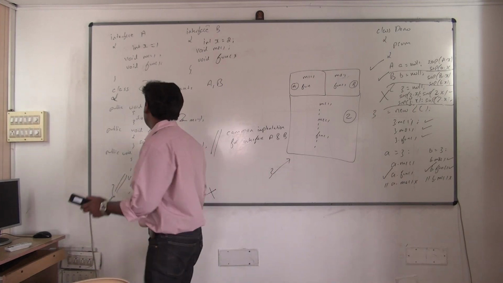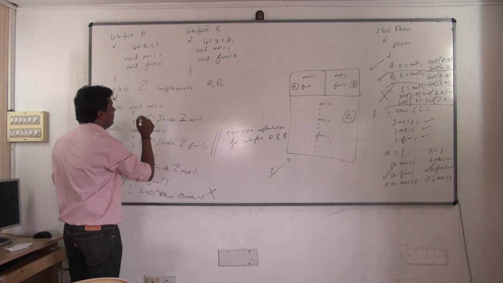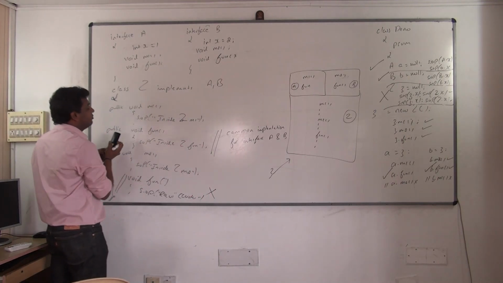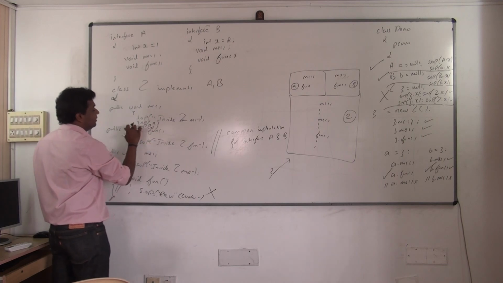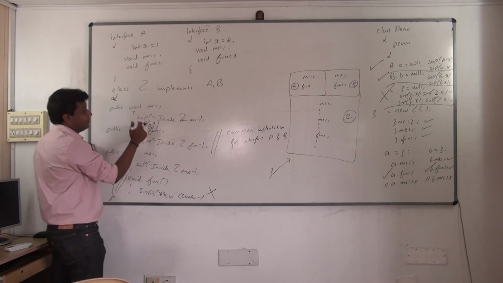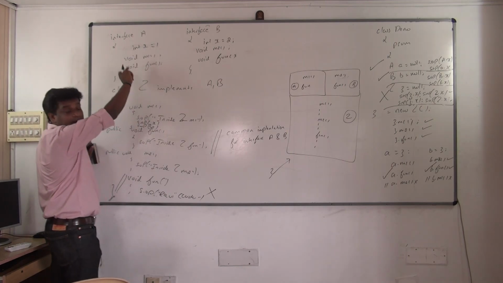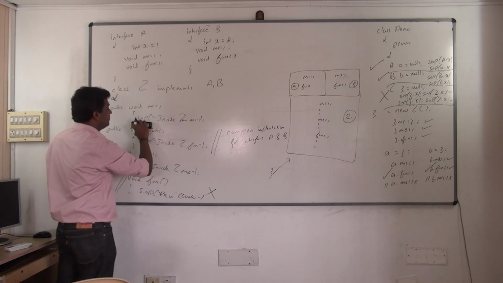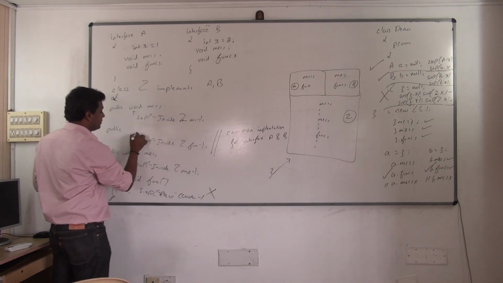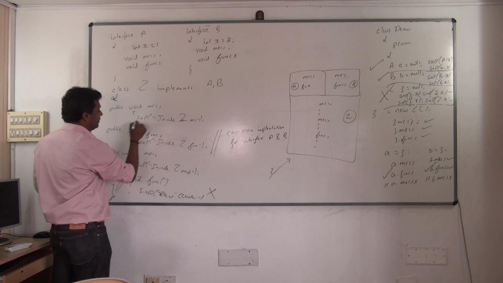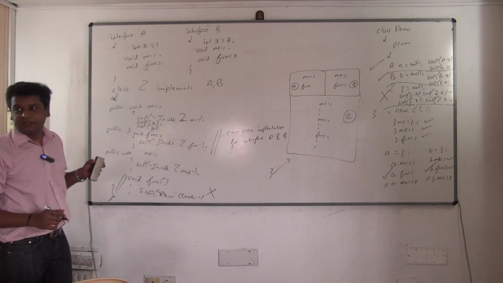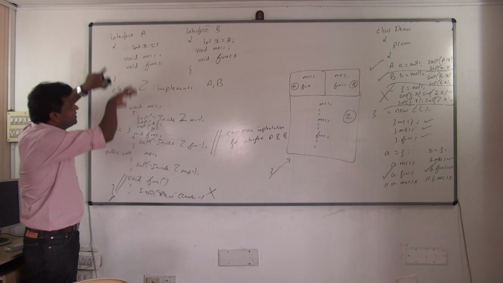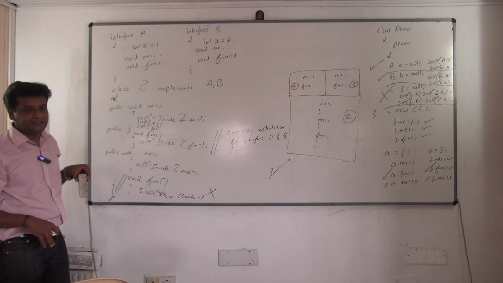And here also see, in the M1 class, Z is implementing A and B. If they were different, I could have used both: SOP X, SOP Y. M1 is a method of the class implementing the interface, and in the M1 method I can access X and Y both, because class Z is inheriting both features.